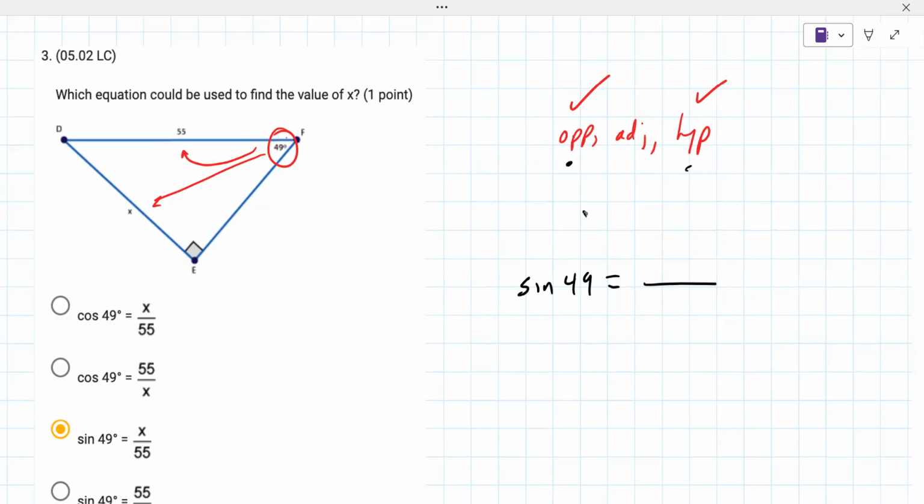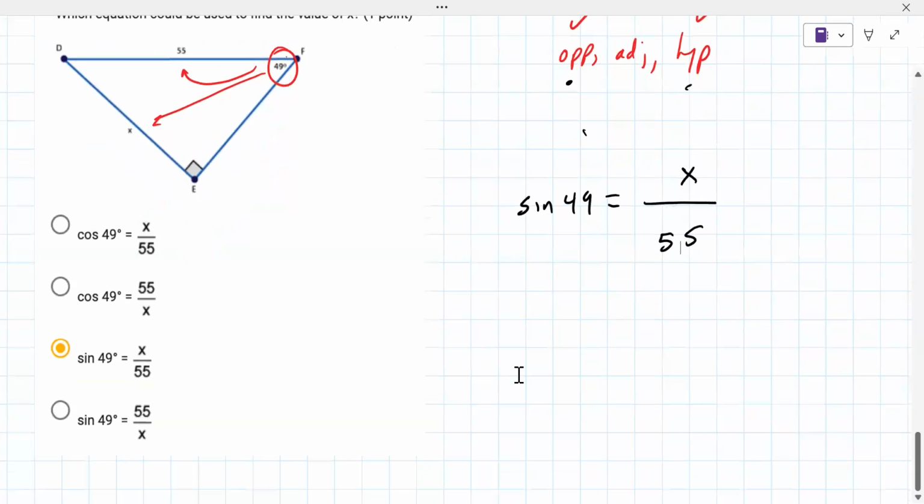Opposite would be x, so opposite goes on the top, and then hypotenuse goes on the bottom. Hypotenuse, and give me the value. 55. Okay, yeah. Sometimes we're saying the right thing, but you could have told me anything, so I want to make sure you say that. And then you can see that matches up with what you have there. Perfect. Very good.